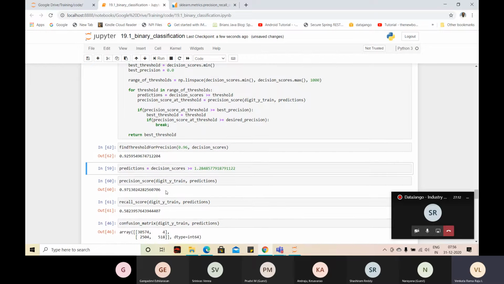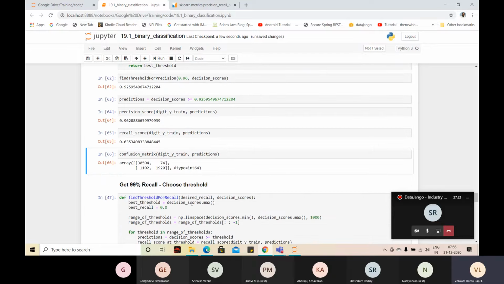and then using that best threshold to make predictions. Now, if I ask you to predict, what will you do? I know this threshold. If I ask you to predict, this is what you do. The predictions are going to be decision score greater than or equal to whatever. So those are the predictions. See that it improved, right? Out of total 3,000 records, around 2,000 are predicted correctly.